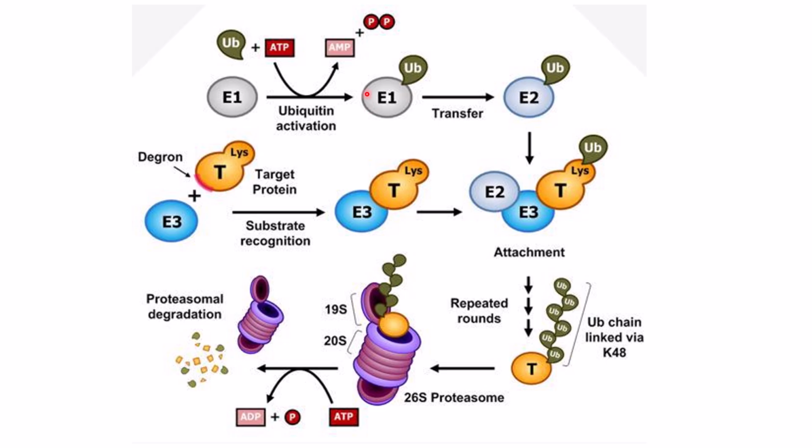Okay, so E1 is also having a cysteine, E2 is also having a cysteine.